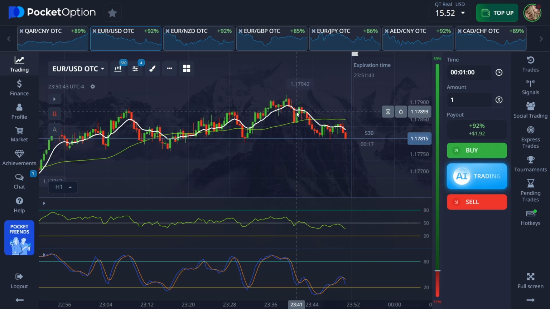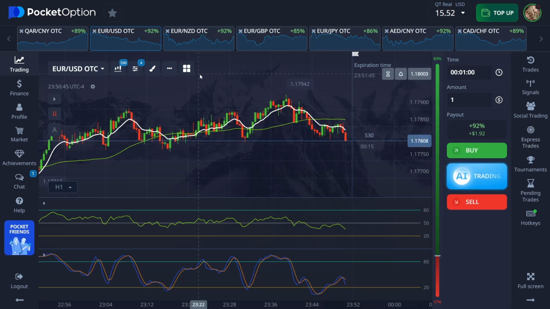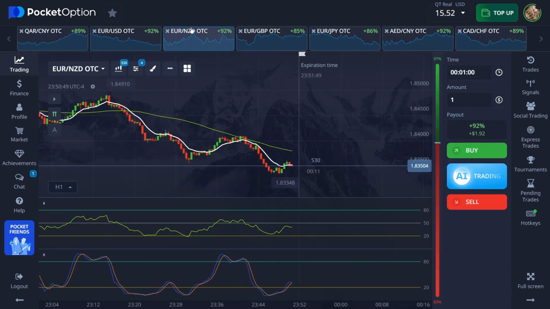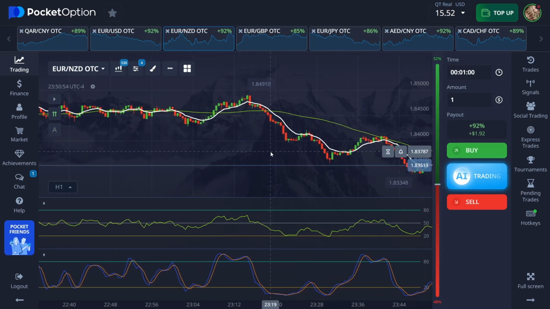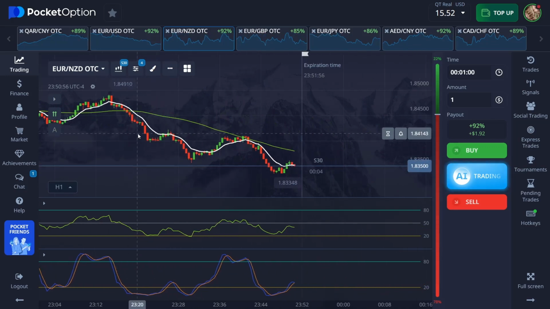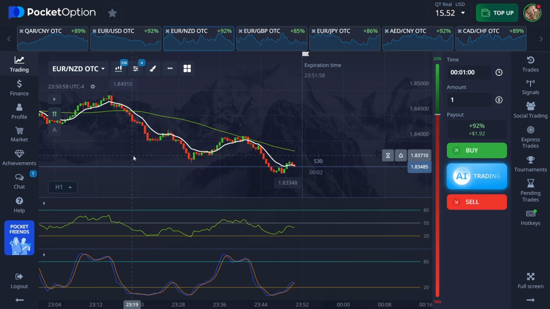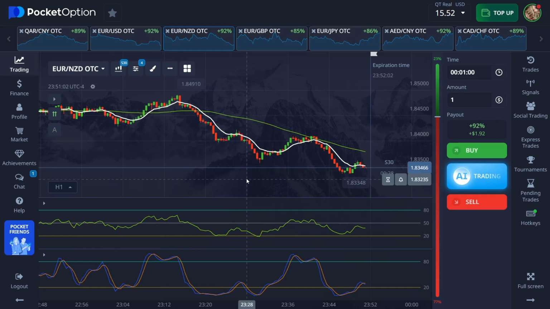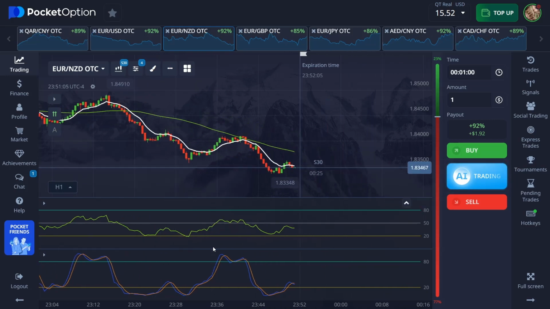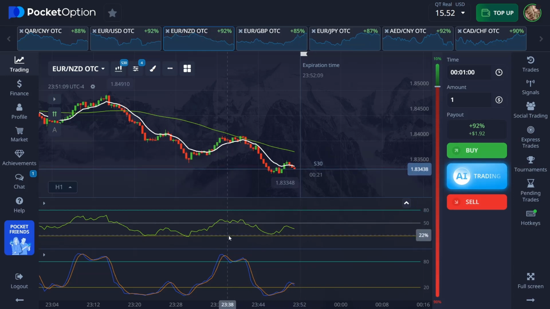Right? Now let's look at a different market. We can clearly see what price is doing. Now, look over here, for example, you're in a clear downtrend. And also, when you're in a trend, when you look at the RSI, depending on the behavior, it will tell you also whether you're in a trend or not.